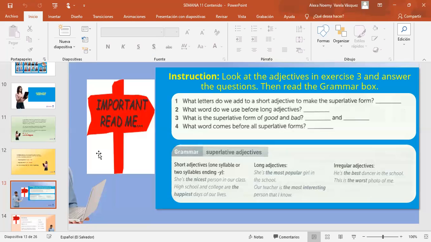No, we can't say that. We say, for example, with the adjective good, we say the best. One example of this is: you are the best in the world, okay? And with the adjective bad, we say the worst. For example, this is the worst photo of me, okay?